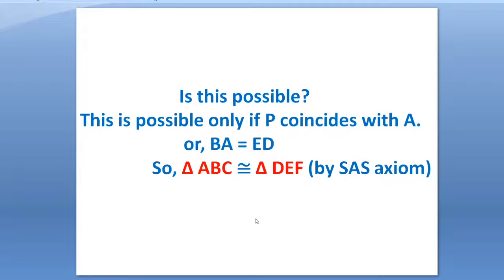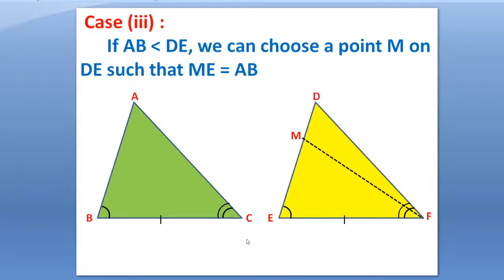And similarly, in case 3, if AB is less than DE, then what happens?